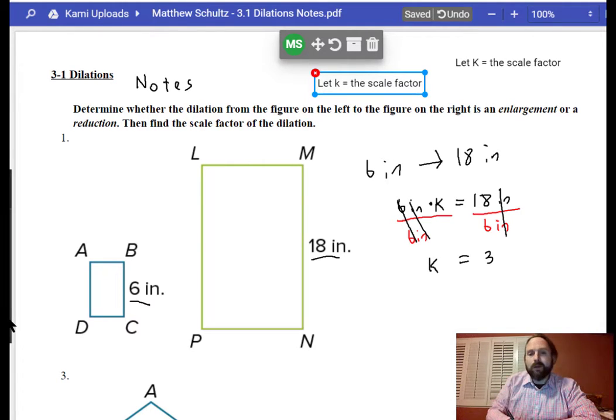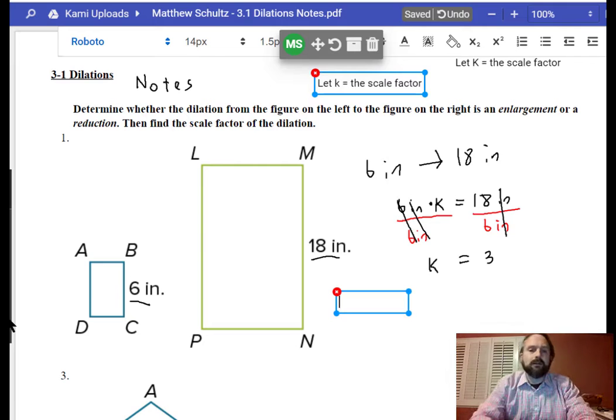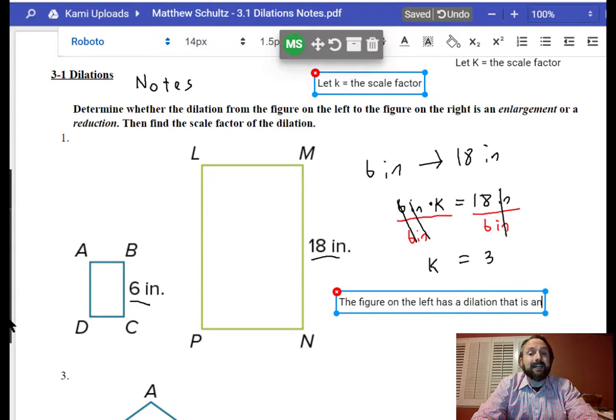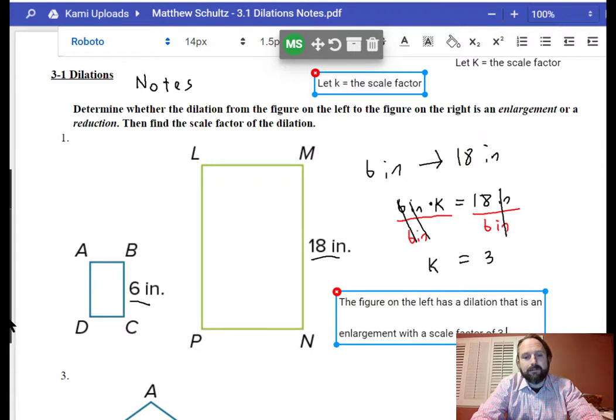What does this mean? Well, this means that the figure on the left has a dilation that is an enlargement with a scale factor of 3.